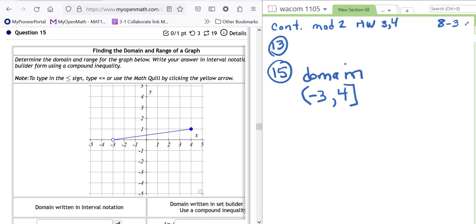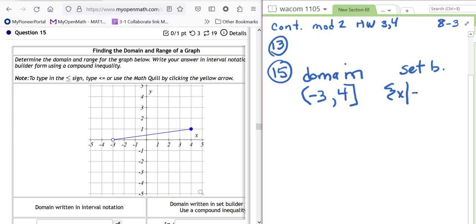All right, and to put that in set builder notation, so that's the other form that they want, it's going to be the set of all x such that, and then you put your rule. For this, it is going to be x is between -3 and 4.